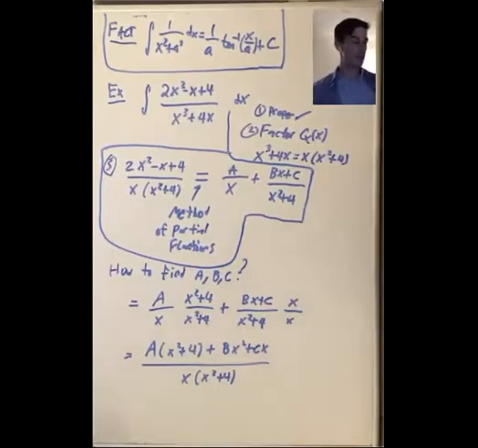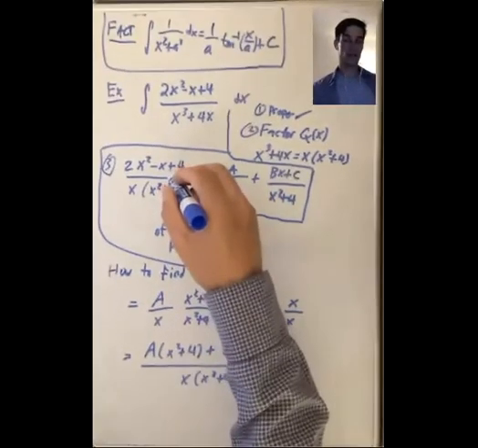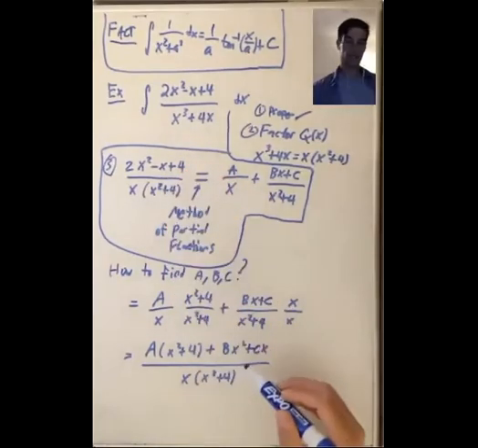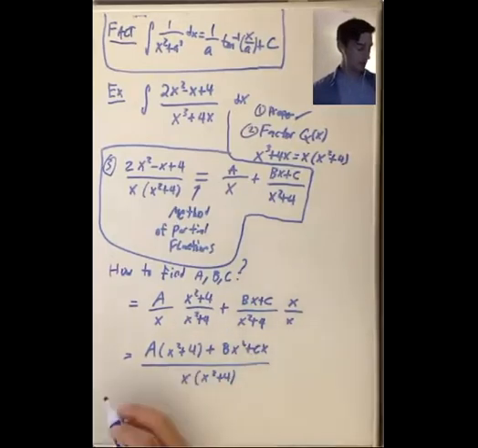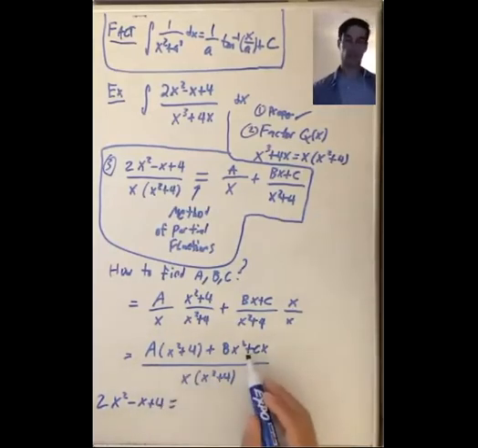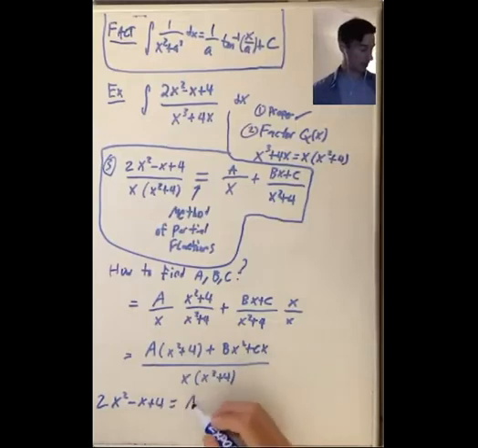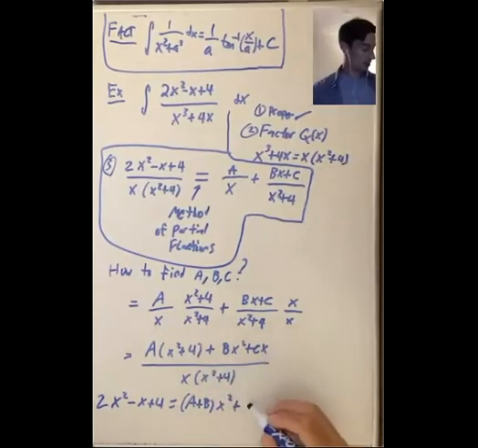What does that tell us? We have two rational functions with the same denominator that are equal, so their numerators have to be equal. So we know that 2x squared minus x plus 4 equals, I'm just going to group the x squared terms together, we have an a plus b x squared, plus the x terms, which is just cx, and then the constant terms, which is just 4a.